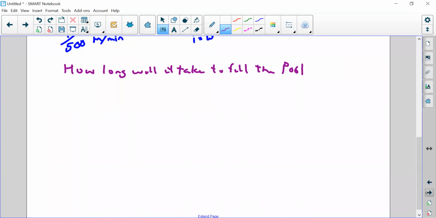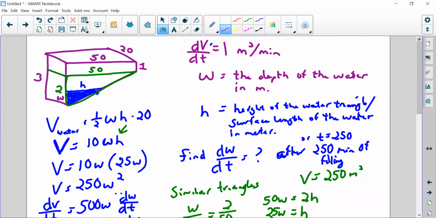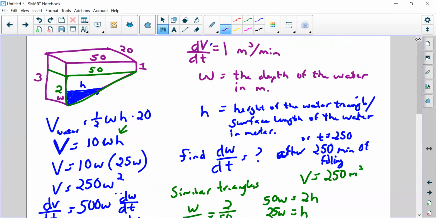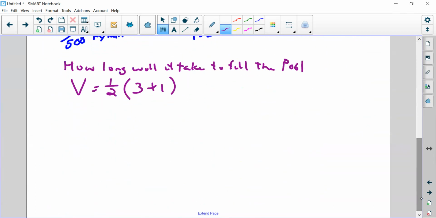Okay, so the volume of a trapezoid prism is 1/2 the sum of the bases. My bases would be the parallel sides, so that's 3 and 1. So that's 3 plus 1, times that height in between the two parallel sides of the trapezoid, so that's 50, times the width of the pool, which is 20.